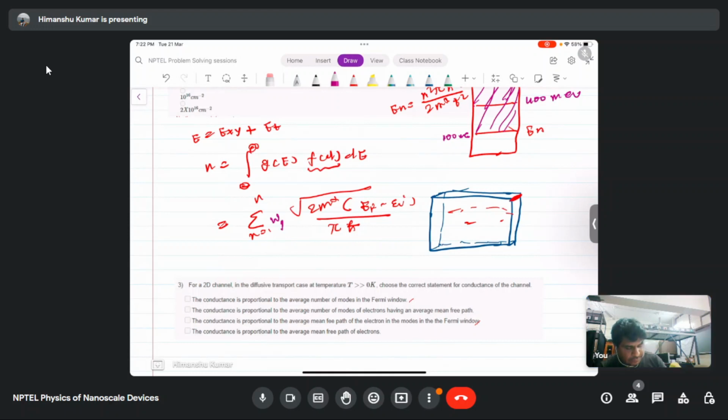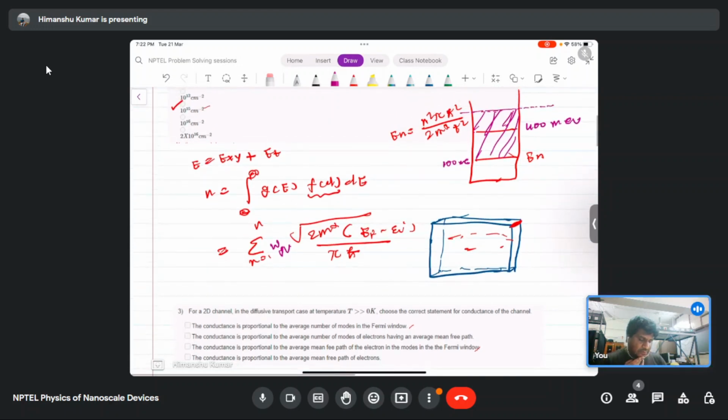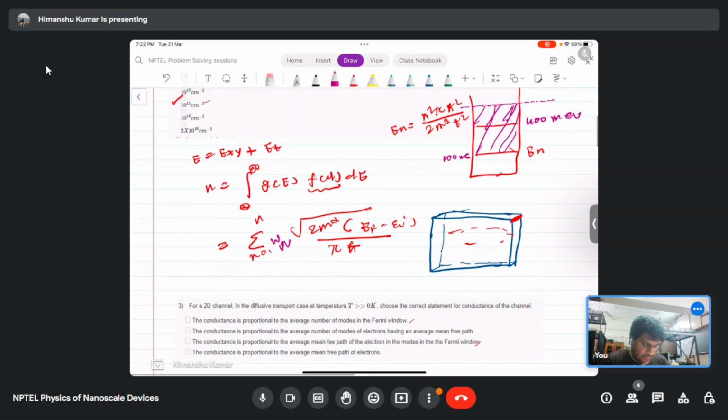Sir, can you tell me what is valley degeneracy? Okay, basically, sorry, I think no. In this case you can't take valley degeneracy as 1, because this integral you need to perform multiple times.